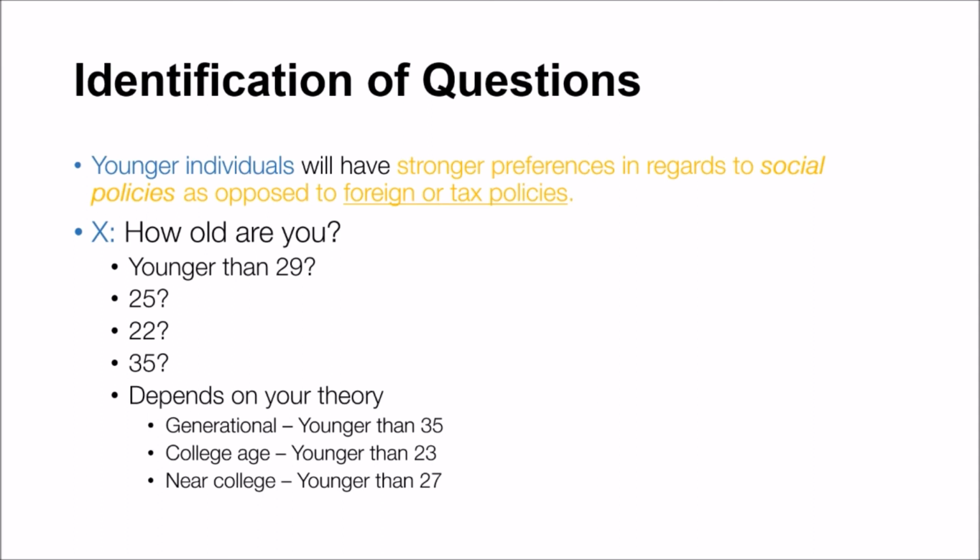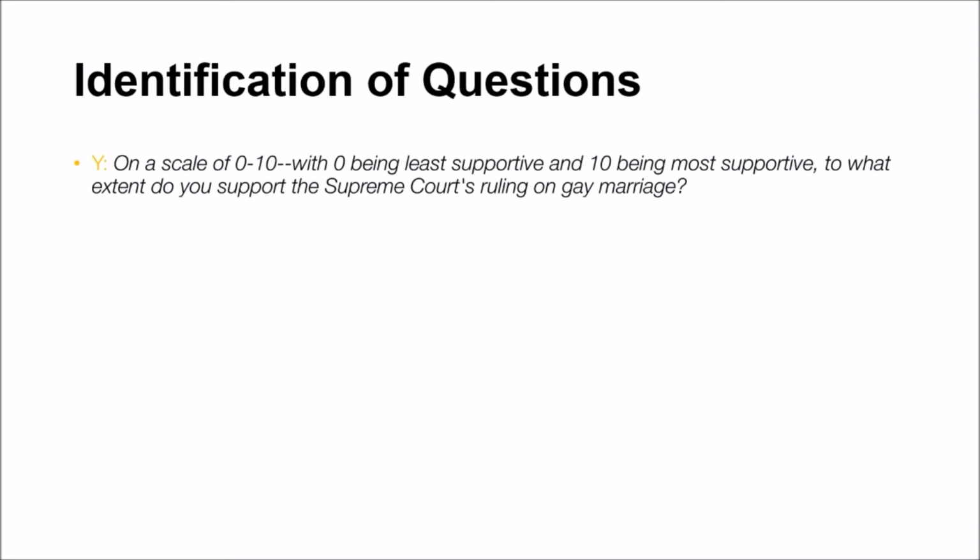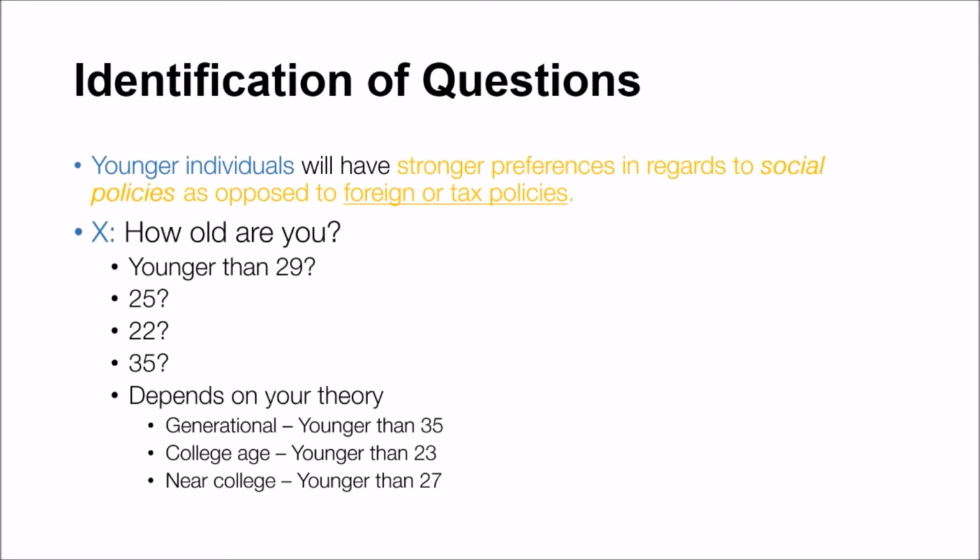You have to make your argument for why you think this is a good place to stop the age cutoff. But it's still fairly straightforward. It's not that difficult, and we can capture it in a single question. But to get this second one, which is strength of preference in regards to different types of policies, we're going to have to combine questions.